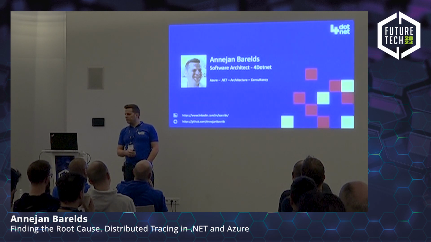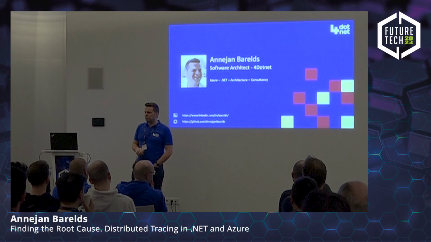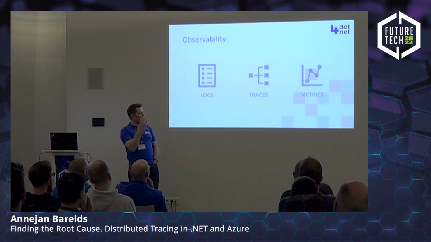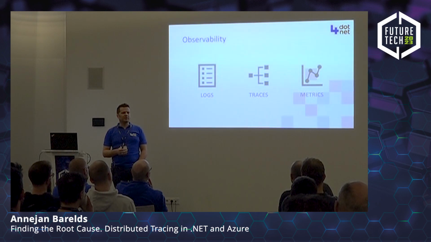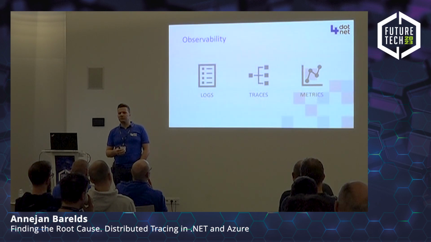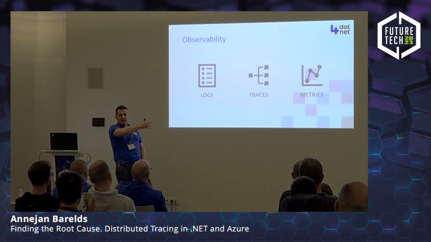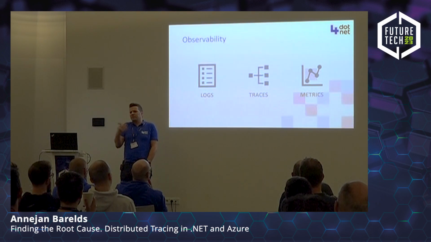When we talk about distributed tracing, we're basically talking about one of the pillars of observability. It's kind of a thing lately. Observability is really about logging, tracing, and metrics, and tracing is then distributed tracing.